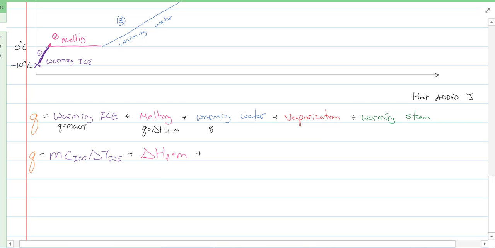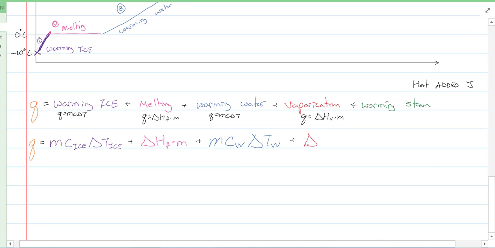Warming, Q equals MC delta T, so we'll use M, specific heat of water, delta T of the water. Vaporization, Q equals delta HV times the mass.